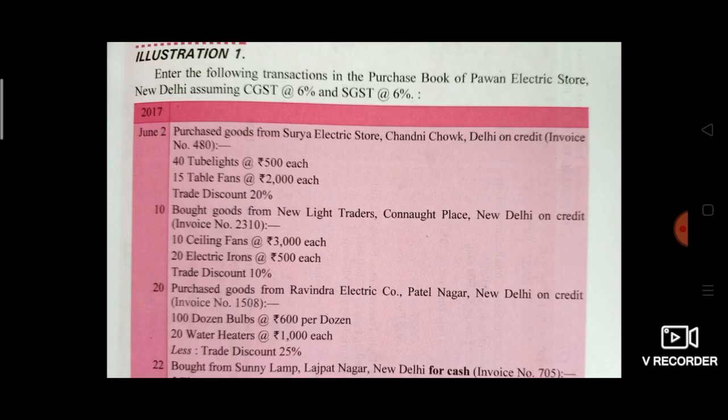As in this entry the firm is purchasing furniture, and furniture is not goods in this firm because the firm is dealing in electric goods, the entry of purchase of furniture will not be recorded in this book. So we have to skip this entry also.